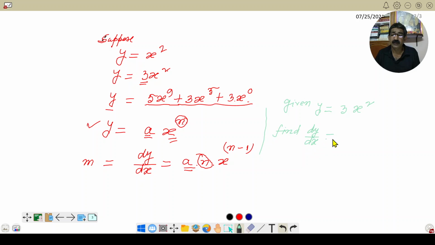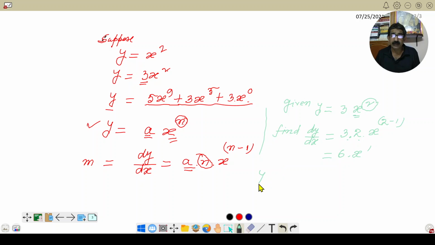Very easy. According to this formula, dy by dx is equal to 3. This power comes here, and the power of this x will be diminished by only 1, 2 minus 1. That is equal to 3 into 2, which is 6, into x to the power 1.